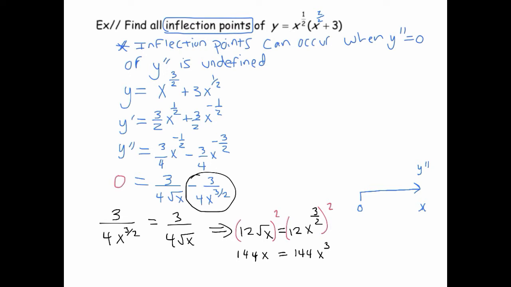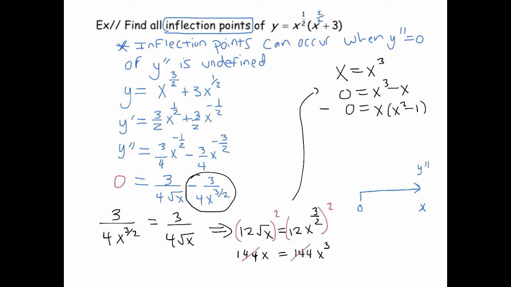So you can divide off those 144s, and now you just get x equals x cubed. So let's finish the algebra up here. I've got x equals x cubed, so we'll subtract x from both sides and factor. So now I have 0 equals x times x plus 1, x minus 1.